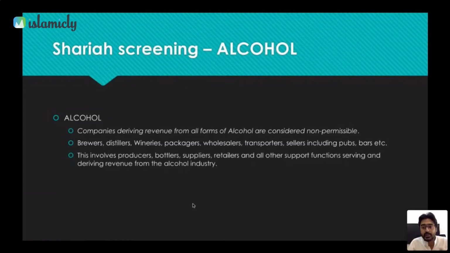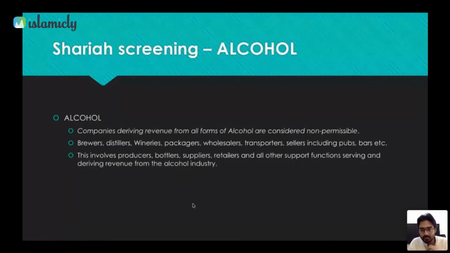So that includes pubs, bars, etc. This also involves people who are involved in the chain of it as well. So if you go ahead and see any advertisement that these alcohol industries do, any company which is running the advertisement of alcohol suppliers or for alcohol sales or for alcohol retailers, that is also considered non-permissible.